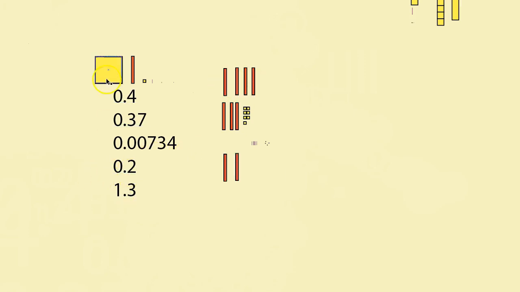0.2 and 1.3 would look like that. So when we look at them like that, we can see 1.3 is the biggest, clearly. Then we need to decide which one is the next biggest. Clearly you can see it's 0.4, that's got 4 whole tenths.